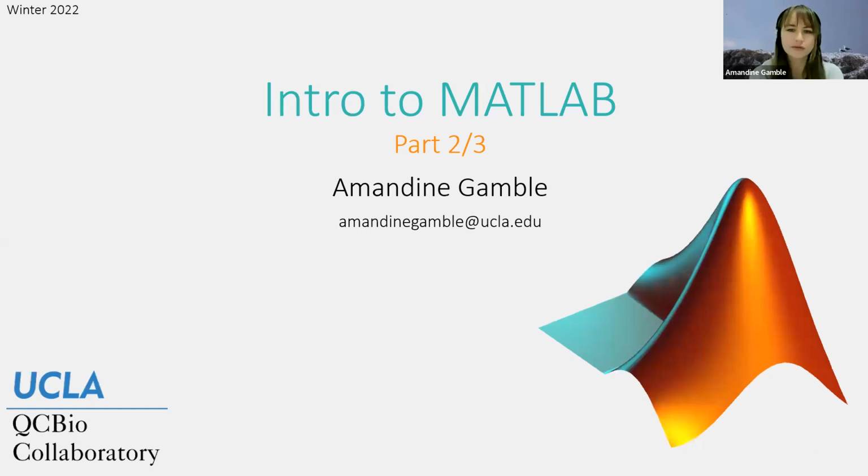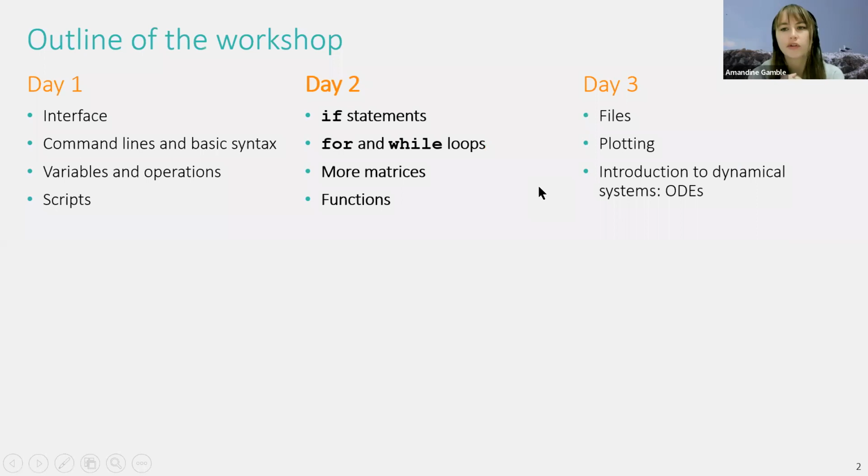So welcome to session 2. Today, just a reminder of what we saw yesterday. Yesterday, we briefly saw how the interface is organized, what the different parts of your window are. We saw how to write and execute command lines and the basic syntax of Matlab, how it works like a calculator, and how you can and sometimes won't use the semicolon.